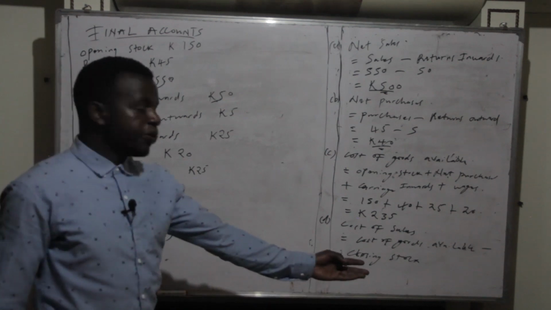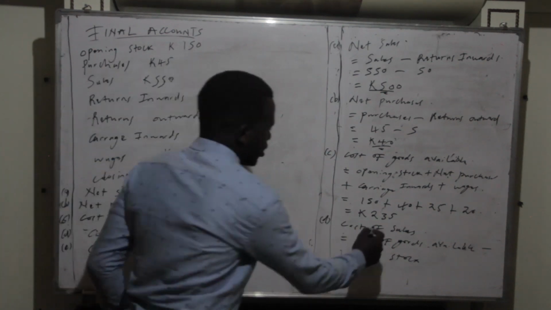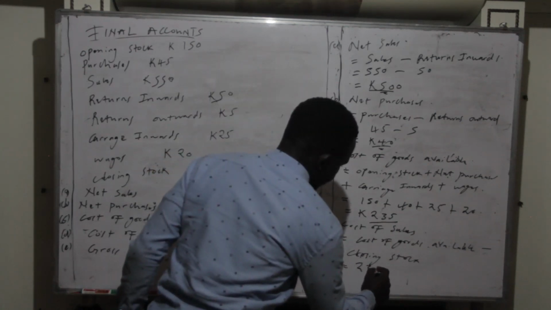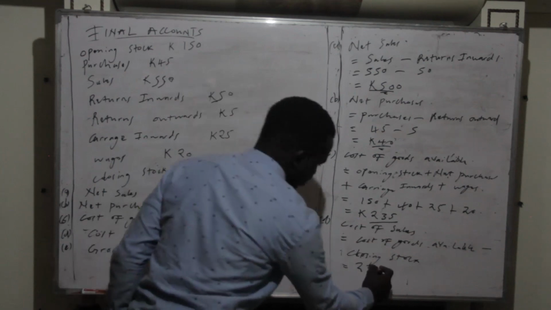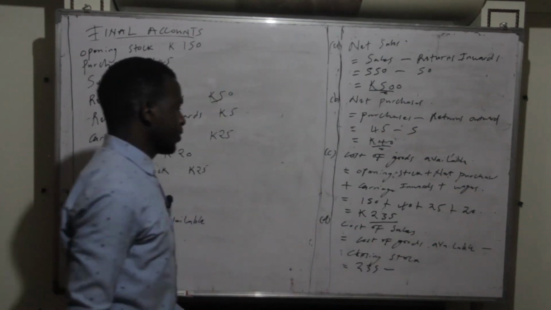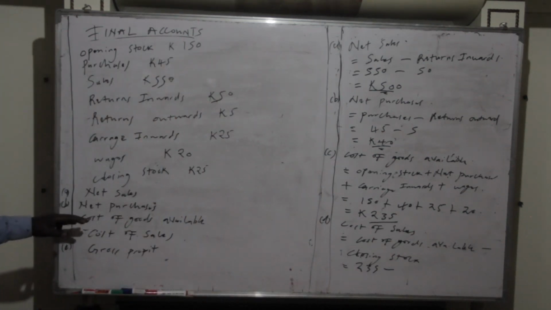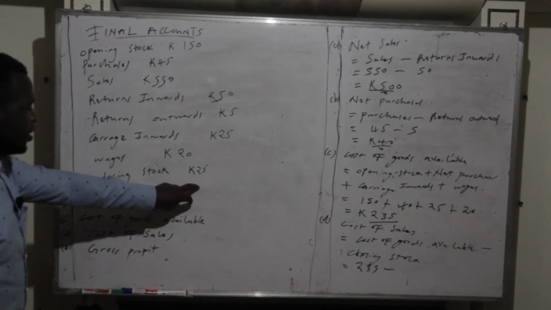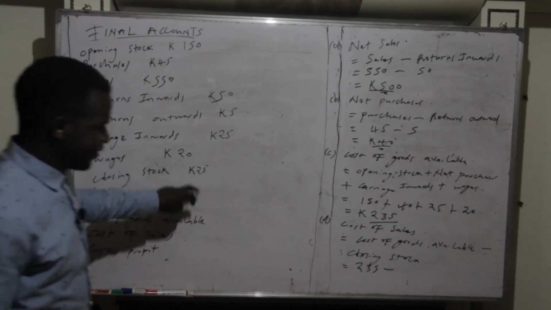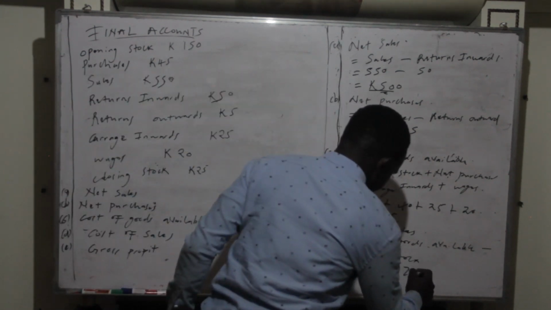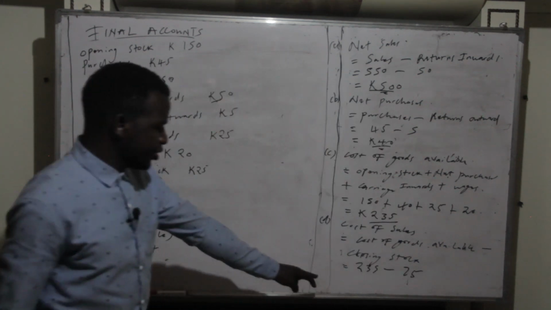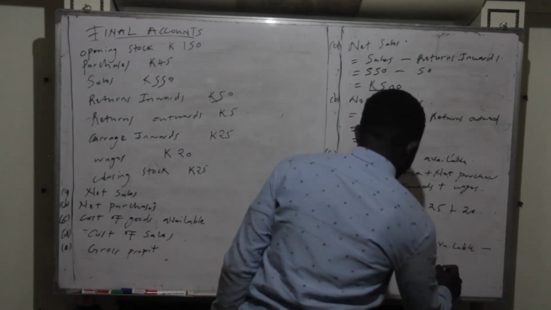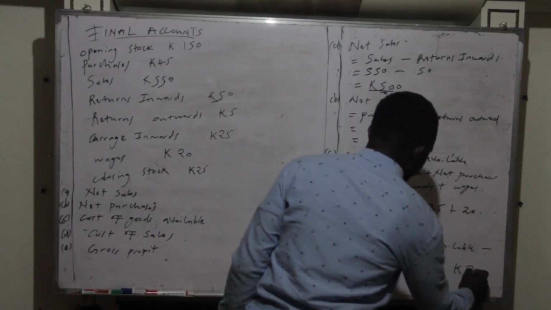Cost of goods available we had calculated as 235. So we'll say 235 minus closing stock. Closing stock we have in our question, which is 25. So we'll say 25 there. So we can say 235 minus 25. Our cost of sales is going to be equal to 210.